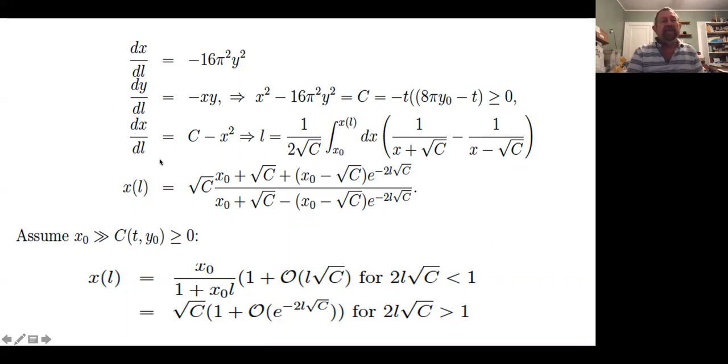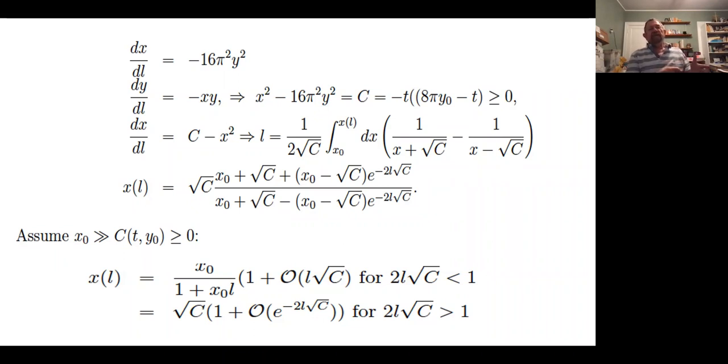And we can easily integrate this equation to get L is equal to 1/2 twice the square root of this integration constant c times the integral from the initial value of x to the value of x of L of dx times 1/(x plus root c) minus 1/(x minus root c).